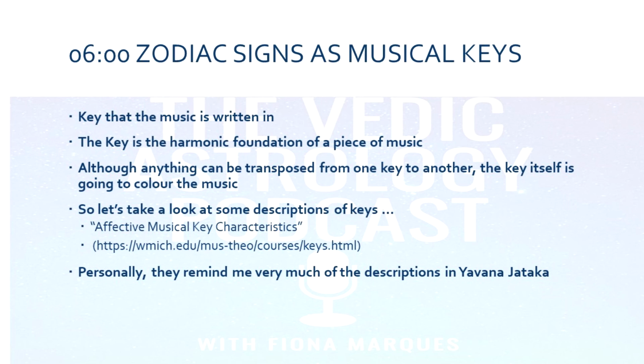For example, if a piece of music is written in C major, the emotion or the color that is transmitted by that key is completely pure. Its character is innocence, simplicity, naivety, children's talk. So 200 years ago and earlier, when a composer wanted to communicate something pure and innocent, they would choose to write it in C major.